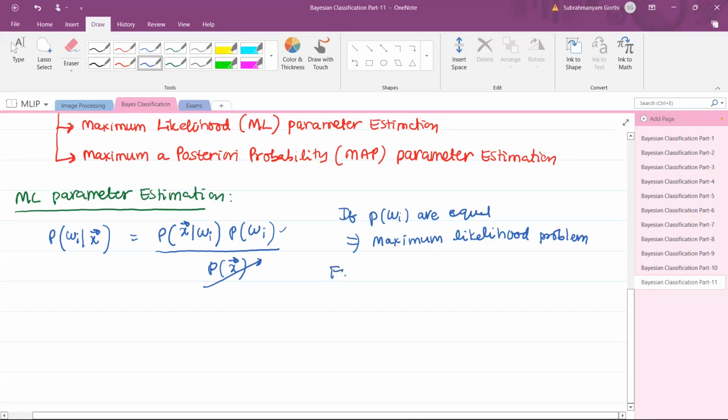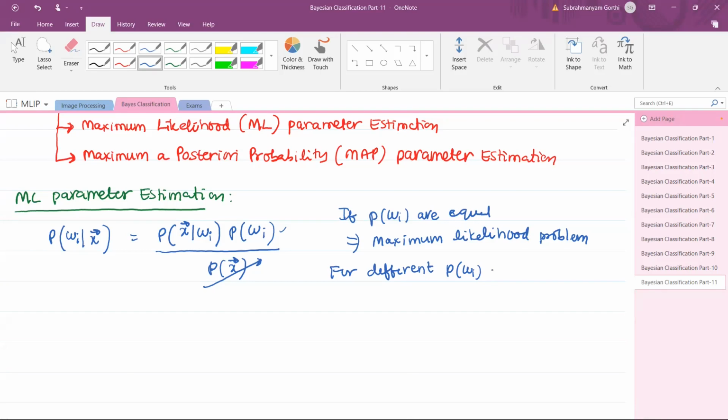For varying or unequal probabilities for different omega i values, varying doesn't mean the prior probabilities themselves will vary over time. That's not the case. It means different values of i. Then what you need to maximize?